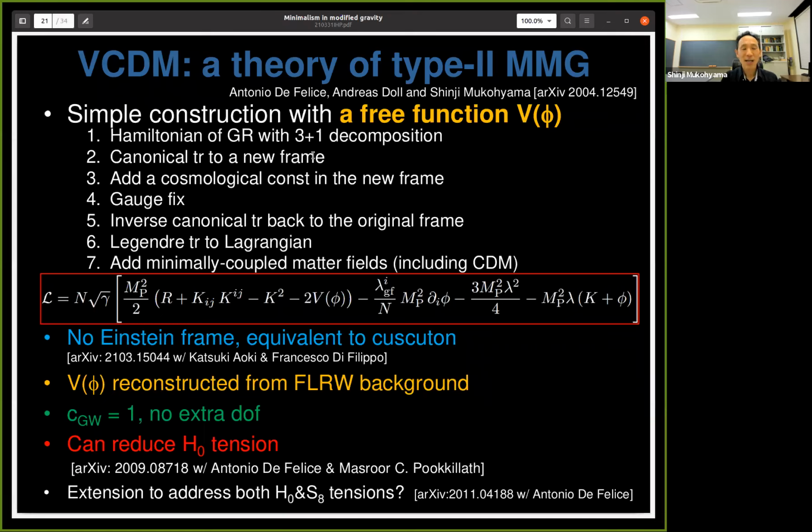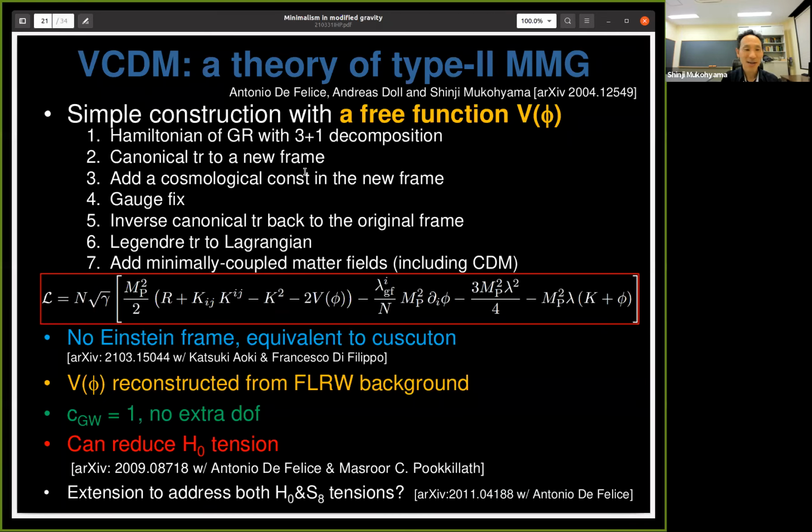This can be constructed in a simple way. We start from the Hamiltonian GR with 3+1 decomposition. Then we perform canonical transformation as in type 1. We have a new frame, and instead of adding matter, we just add a cosmological constant in the new frame, and then gauge fix. If you want, we can add matter in this frame, and then we end up with type 1.